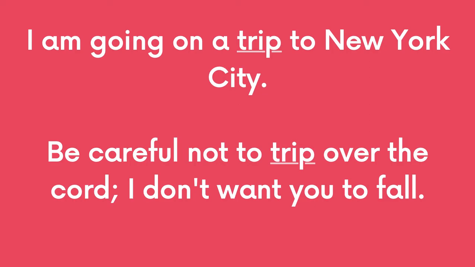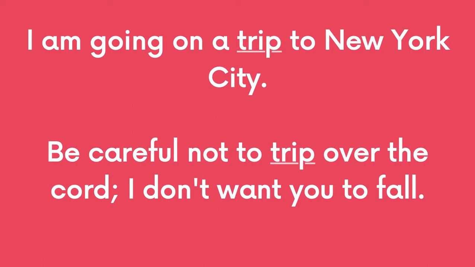It's not a tangible thing. It's nothing that you can actually touch or see, but you are going on a trip. And where are you going? You are going to New York City. The second sentence says, be careful not to trip over the cord. I don't want you to fall.